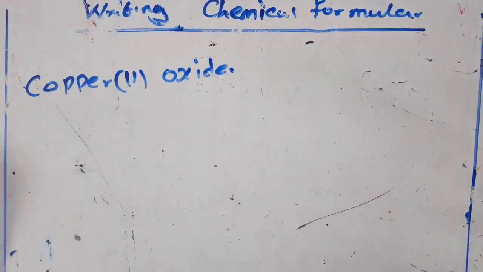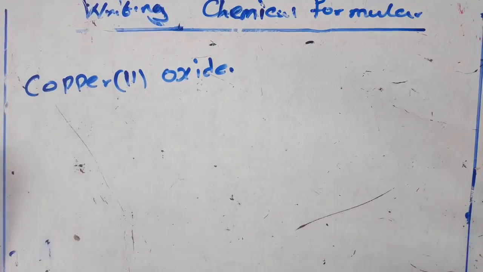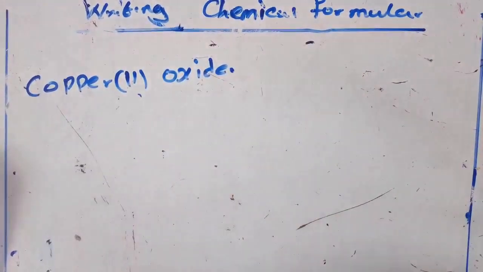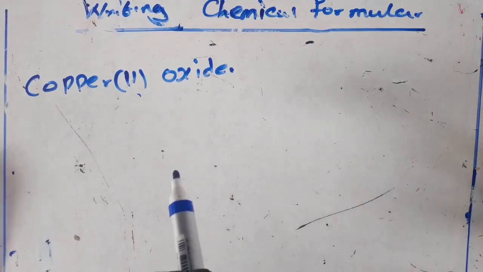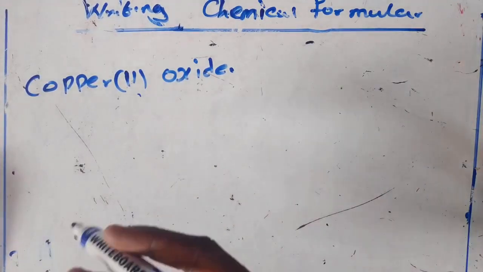So here, when you see there's a 2 in copper 2 oxide, we have already been taught that this copper of ours has a valence of 2 because of this 2. If there was copper oxide, it would have meant that our copper has a valence of 1.